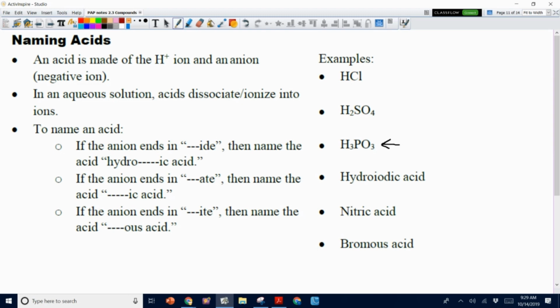Yes. All right. So if it ends in -ite, then the ending is going to change to -ous, O-U-S. Okay, so -ite changes to -ous. So this is phosphorous acid.